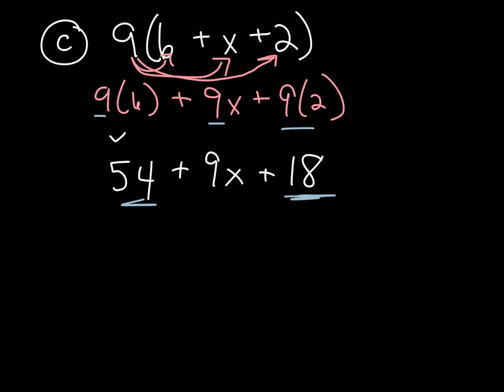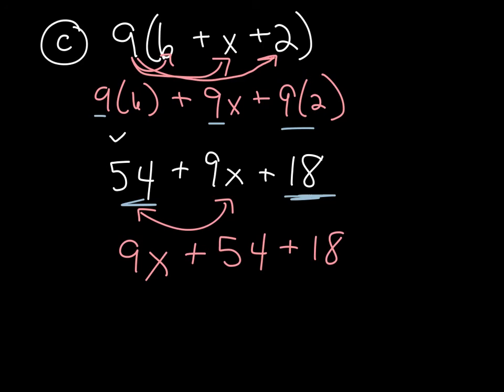So if you think about all those properties we studied in 3.3, we can actually do some moving around because this is an addition problem. So we can use things like the associative and the commutative property. In this case, I'm just going to use the commutative property and move a couple things around. If I switch the order of these two things and make that 9x come first and then the 54 comes second and then just leave the 18 at the end, then you'll see a little bit more easily that those two constants, 54 plus 18, can be added together.